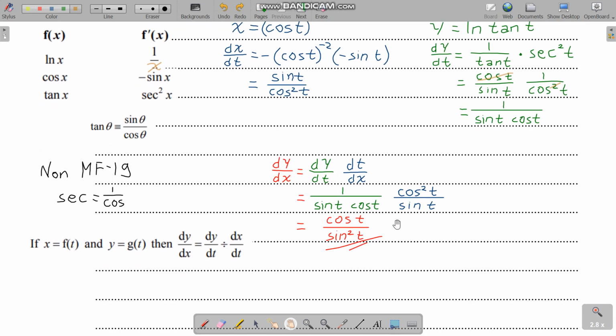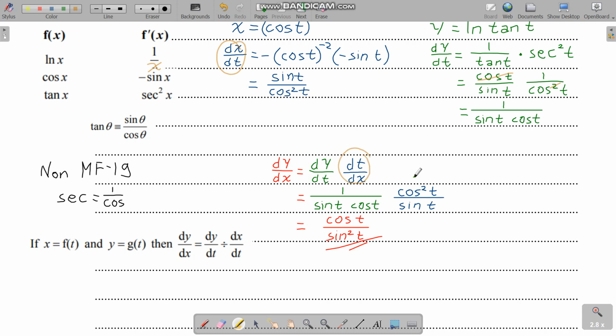Now to find the dy/dx, using the chain rule formula, dy/dx is the same as dy/dt times dt/dx, because just like when we simplify fractions, this is actually dy/dx. So this is dy/dt, so just rewrite. Now for the dt/dx, be careful because what we have here is dx/dt, and what we need is dt/dx.